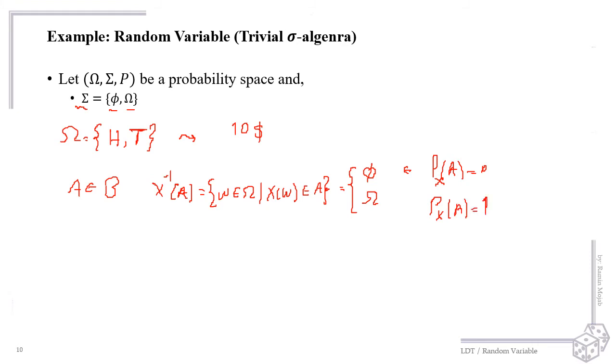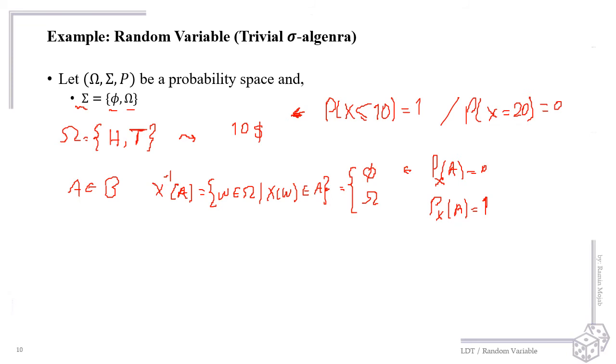For example, here the probability that X is less than 10 is 1, or the probability that X equals 20 is 0, and so on.